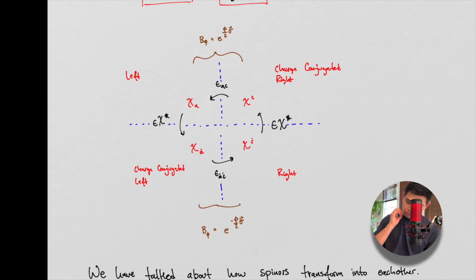And so what I've tried to do here is put this all into one diagram, and that diagram looks like this. So we start off with left chiral, we use the metric to get a charge conjugated left chiral spinor. On this side of the diagram we have subscripts, and then we can use the metric here again to get this guy. And so how do we do that?